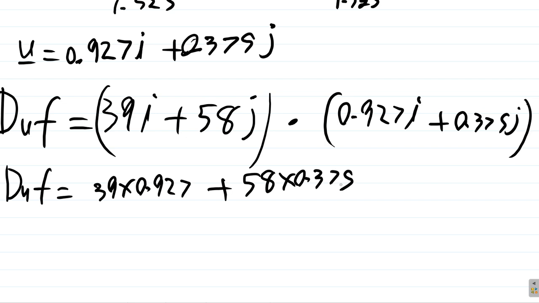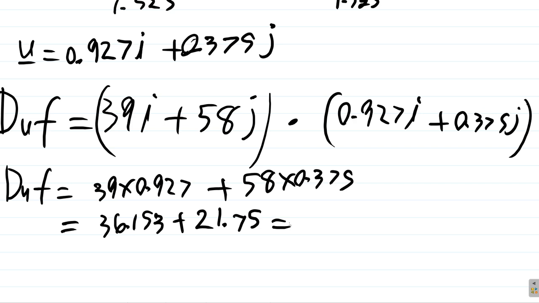So that's what you have there. 39 times 0.927 equals 36.153 plus 58 times 0.375 equals 21.75.